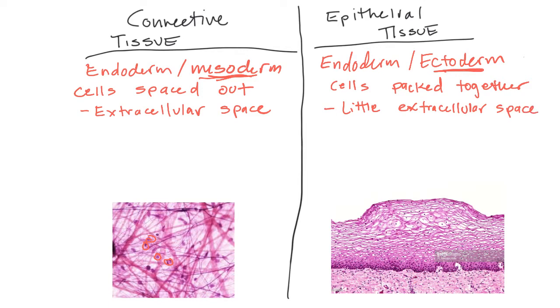So filling in this extracellular space in our connective tissue, we have what we call the matrix. So the fluid that the cells are in is the matrix. And there are fibers running through there as well within the matrix, and the cells are within the matrix as well.